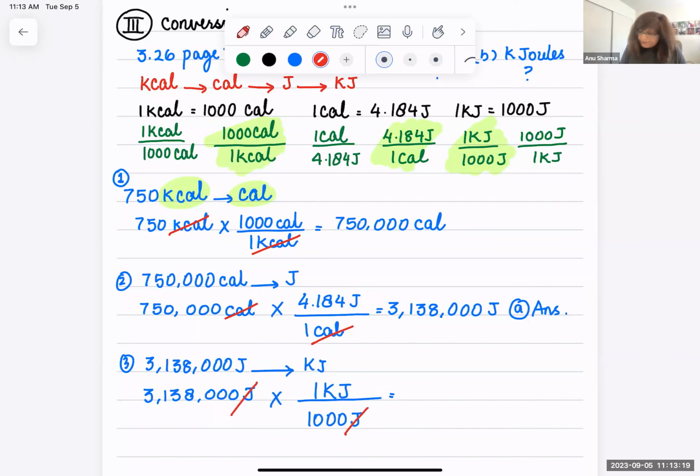So 3 million 138,000 divided by 1,000 gives you 3,138 kilojoules. And that is the answer to B.